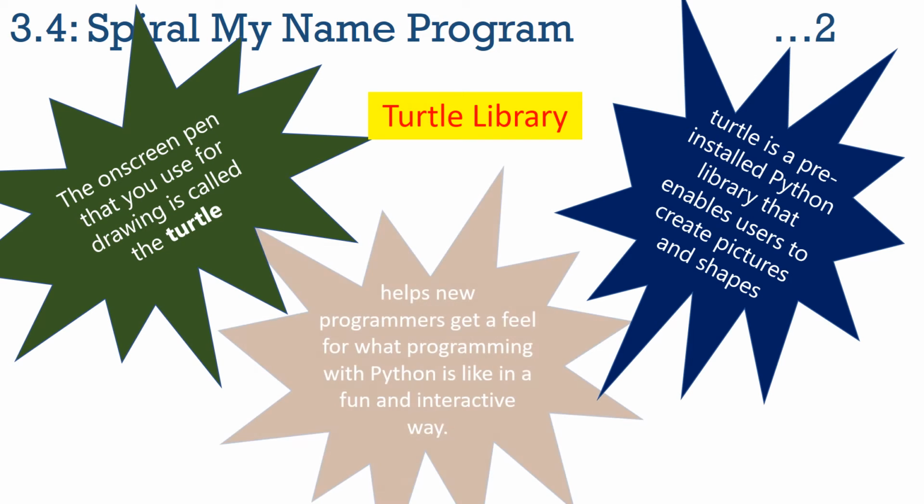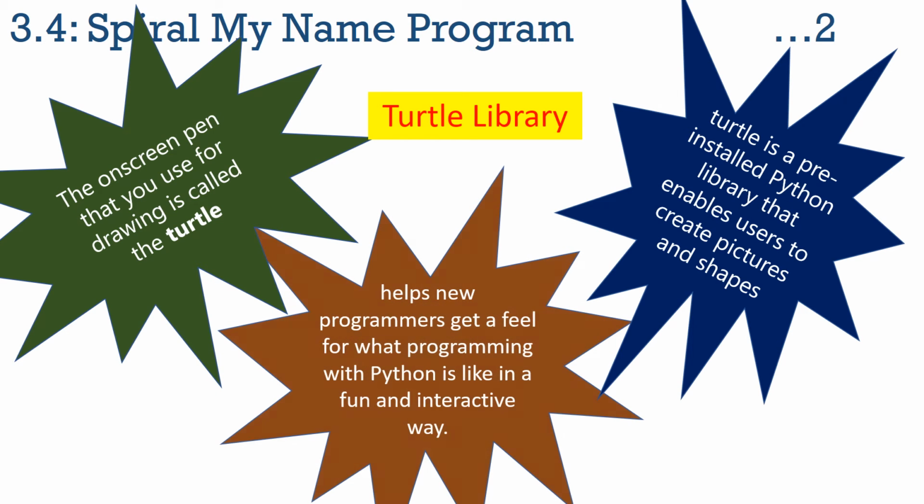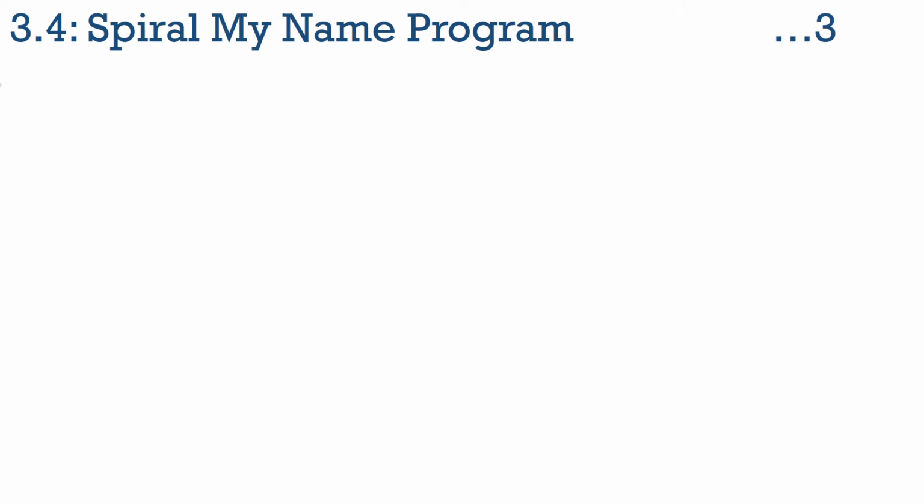Turtle helps new programmers get a feel for what programming with Python is like in a fun and interactive way. Speaking of geometry, Turtle graphics can draw lots more interesting shapes than just straight lines. So we will import the Turtle library to help us in our drawings.